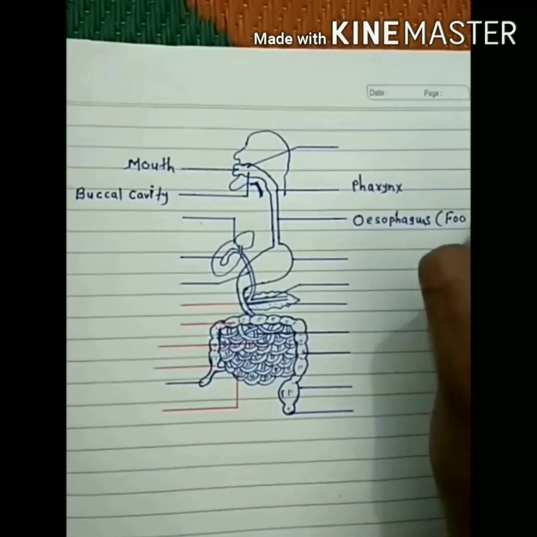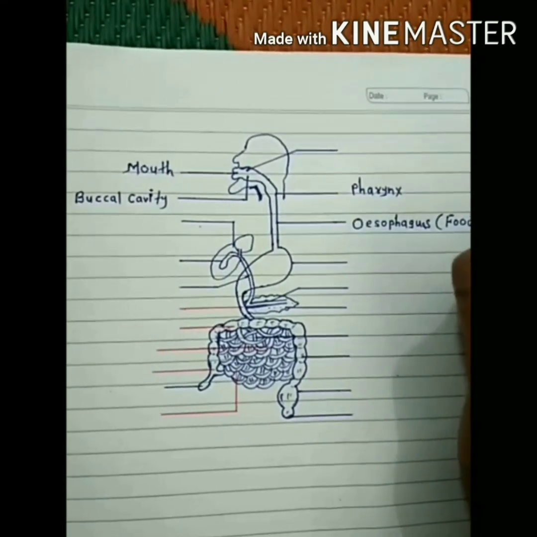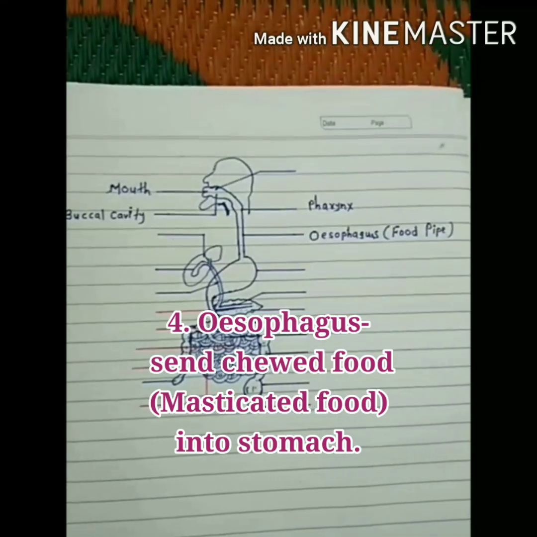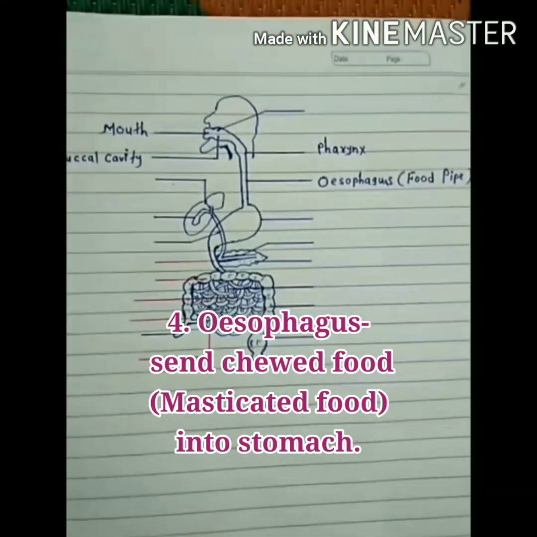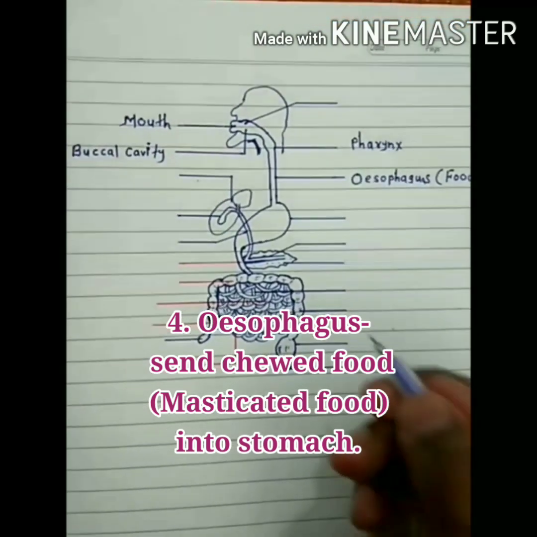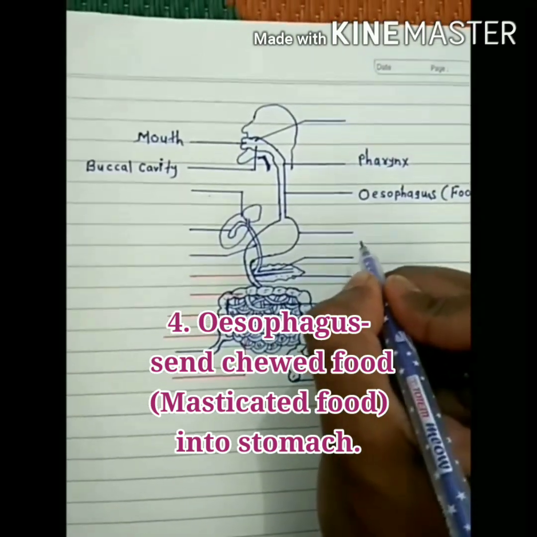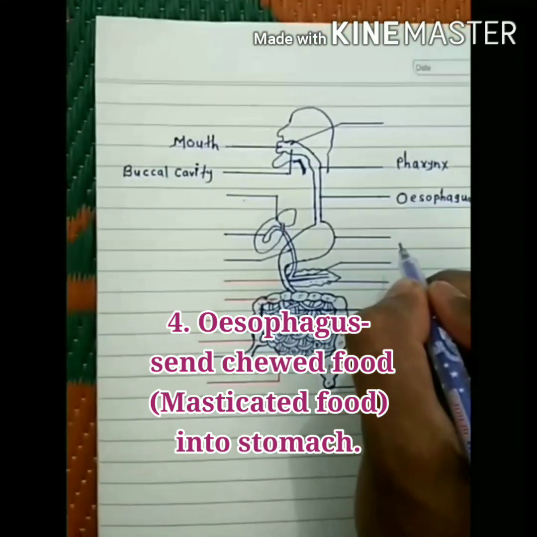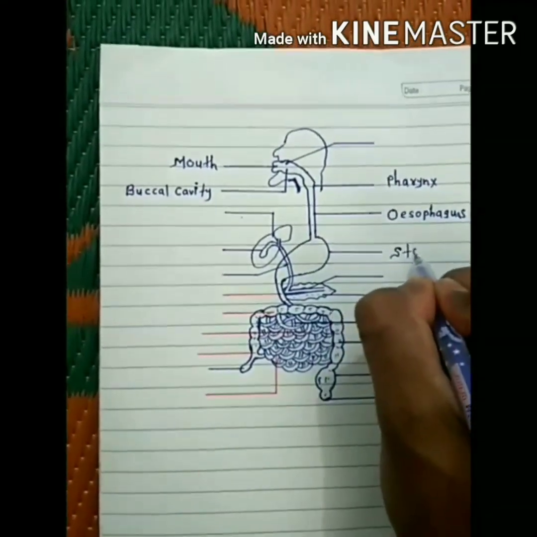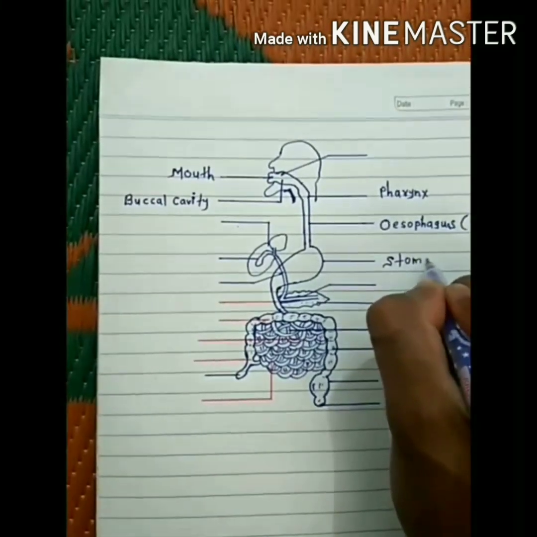When we take the food in the mouth and chew the food in the buccal cavity, when we swallow the food, it passes through the pharynx, then comes into the food pipe, that means esophagus, and from the esophagus this food is placed into the stomach.